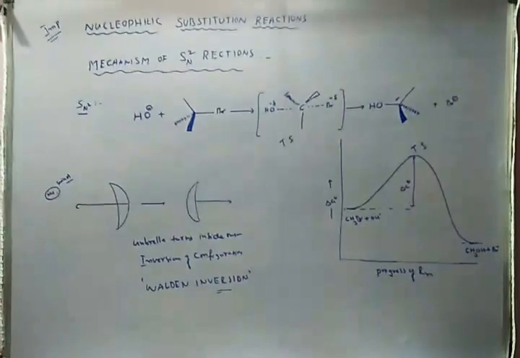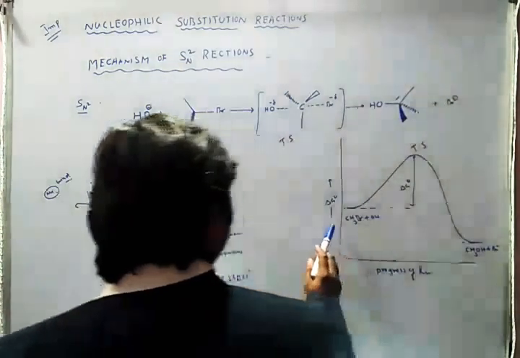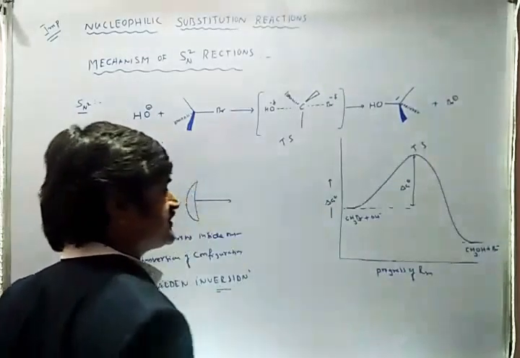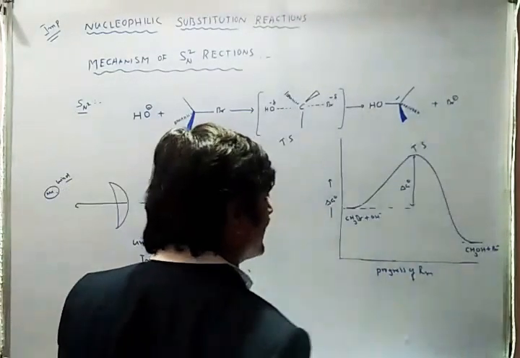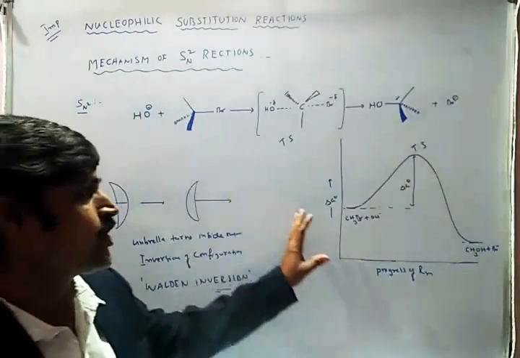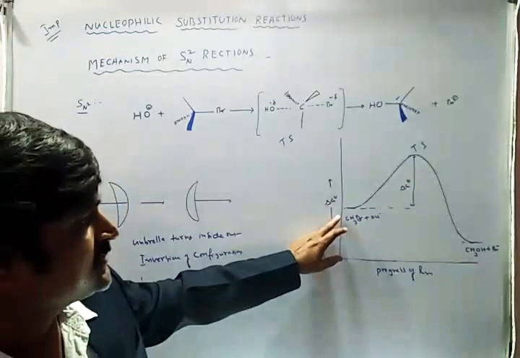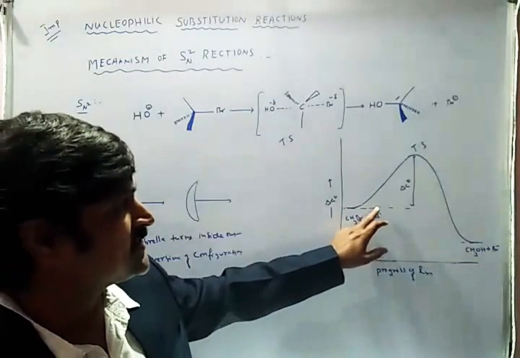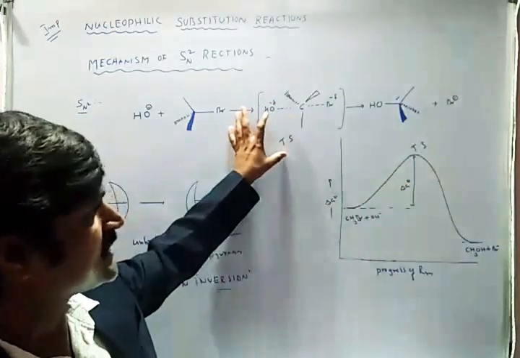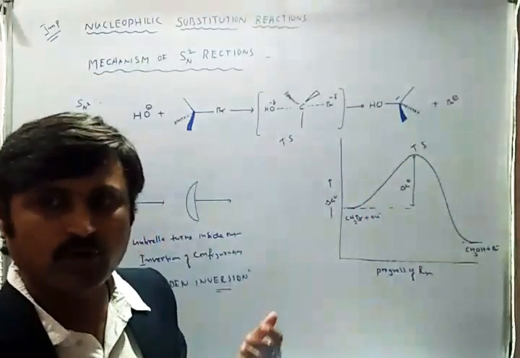Coming to the energy profile diagram. We have taken free energy on the y-axis and progress of the reaction on the x-axis. We started observing how methyl bromide reacts with the hydroxide ion according to chemical kinetics. So this is the lower energy. Once the transition state is formed, this is higher energy. The bigger this difference is, the more the free energy.